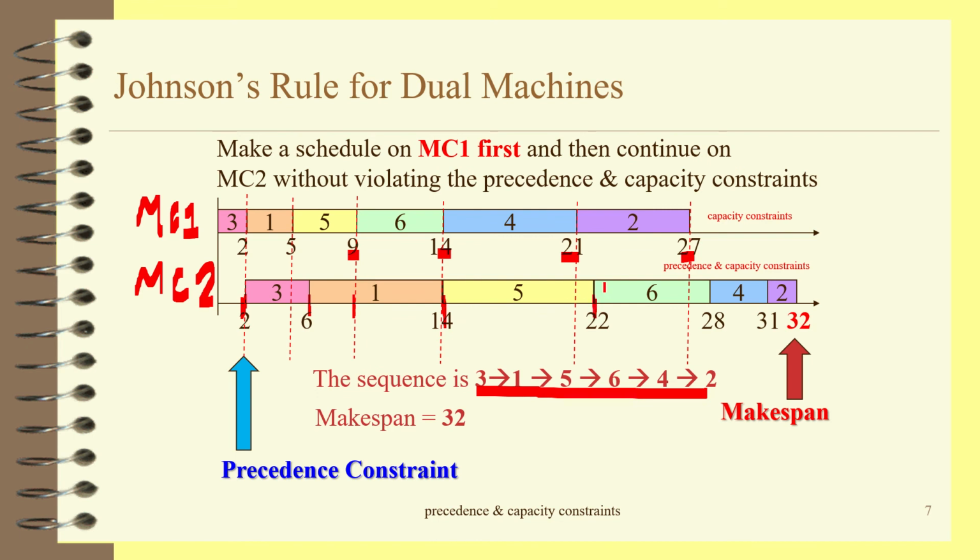Okay? And then job 6 finishes at 14 on the first machine, and then job 6 could start at 14. And again, because of the capacity constraint, job 6 can start at 22.